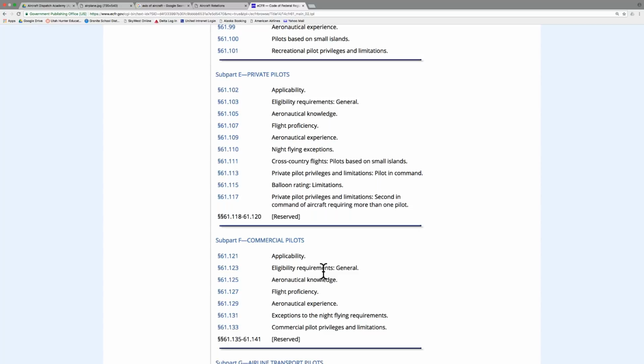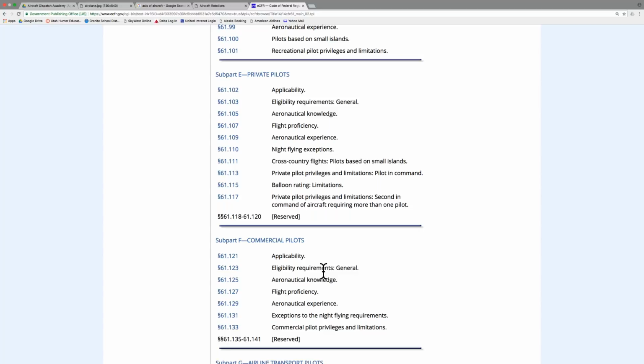And the regional controller will be the one to call the station and say, hey, do you have a ground start or air start cart for this aircraft? Because it's going to need that to restart its engines once they've shut them down at the gate. Things like that. We have that resource to help us.